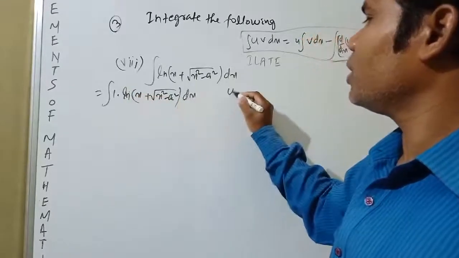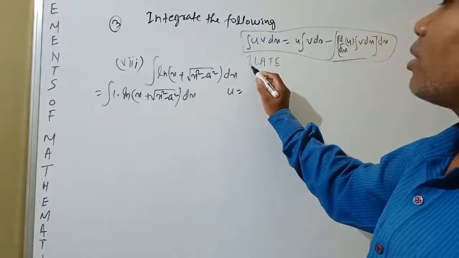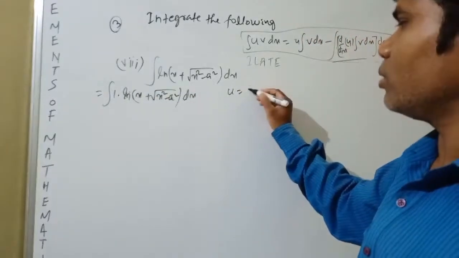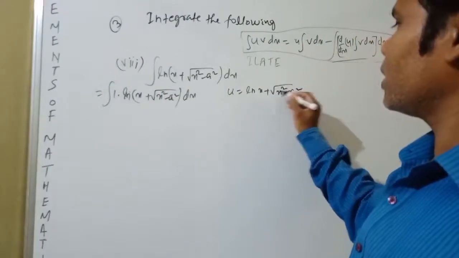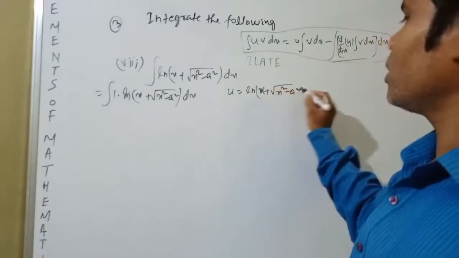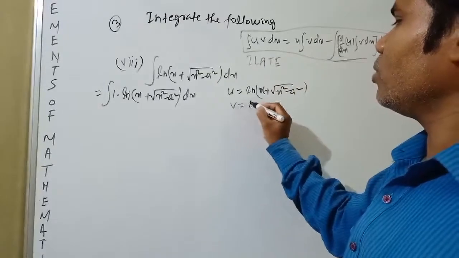Let u be equal to ln(x + √(x² − a²)), and v is equal to 1.